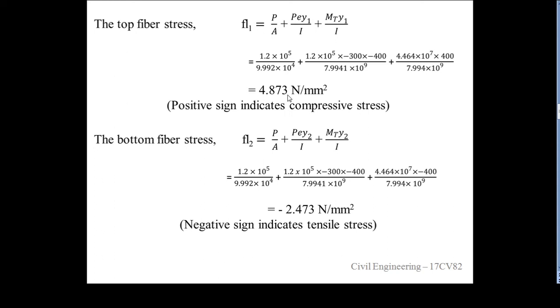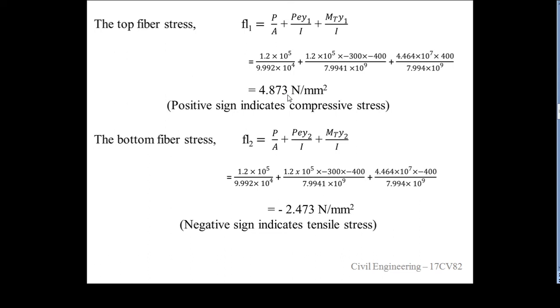Okay. Then coming to the bottom fiber stress, FL2 is equal to P by A plus P E Y2 divided by I plus MT Y2 divided by I. Here P is the prestress force available and E is the eccentricity.